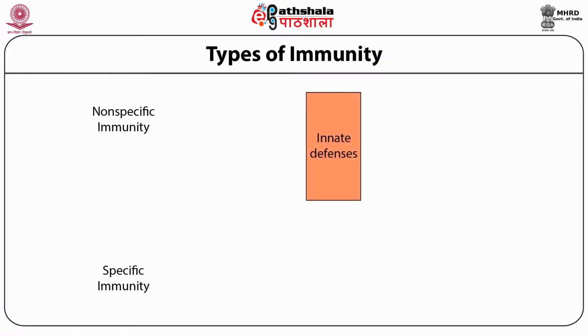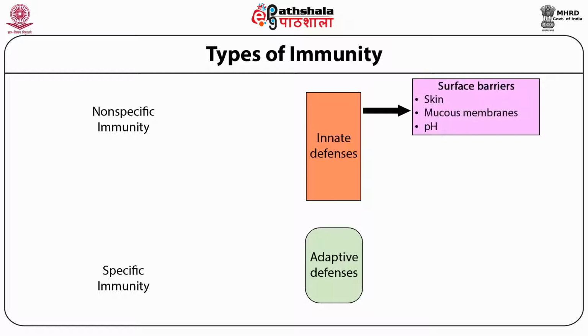One is called the innate mechanism and the second is called the more specialized adaptive response. The innate mechanism is physiologically more important at the beginning of the infection. Why? Because whenever there is an infection, the first defense in the body is the innate mechanism. This innate mechanism includes the skin, mucous membranes and the pH.